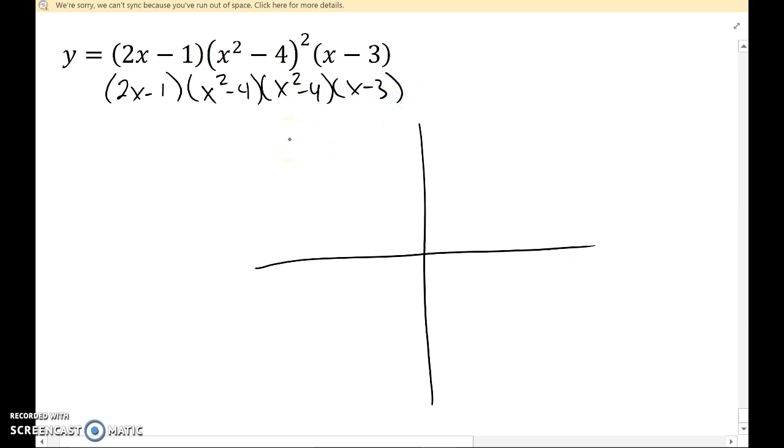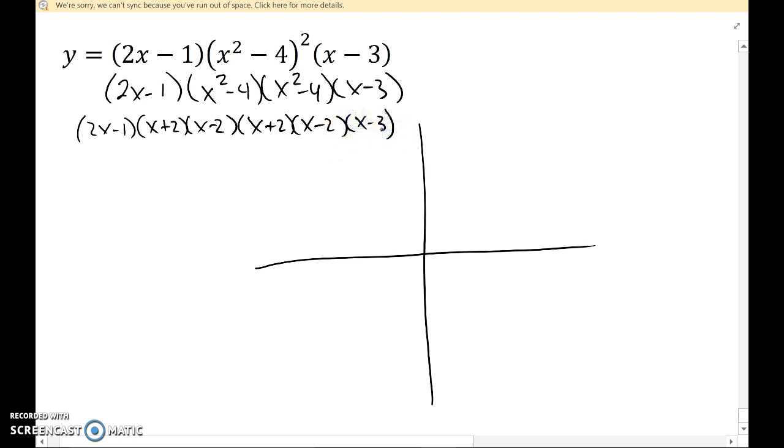And so if you wanted to rewrite it even further than this, then you would have 2x minus 1 times x plus 2 times x minus 2, and that comes from the x squared minus 4. That's the difference of perfect squares. And so you'd have another x plus 2, another x minus 2, and then your x minus 3.